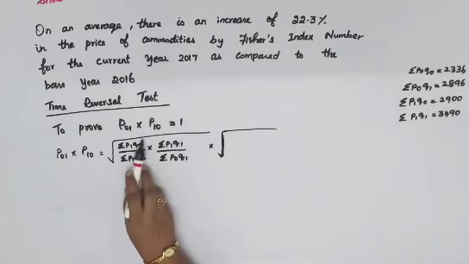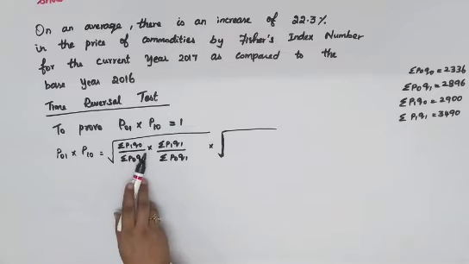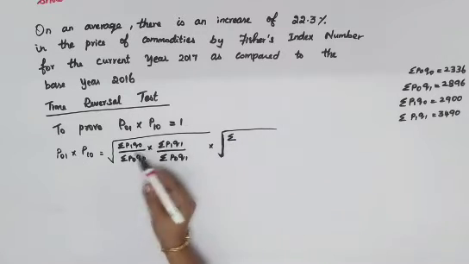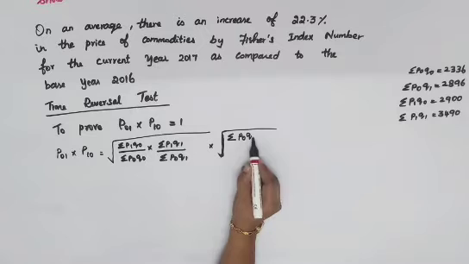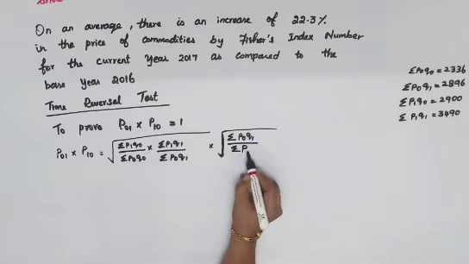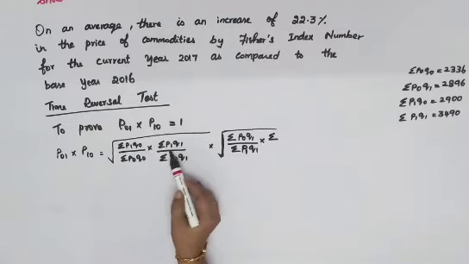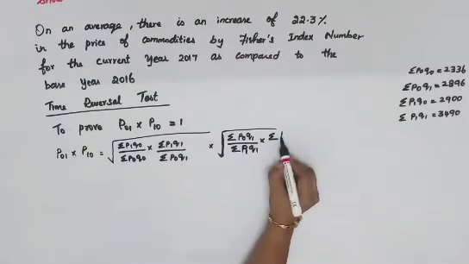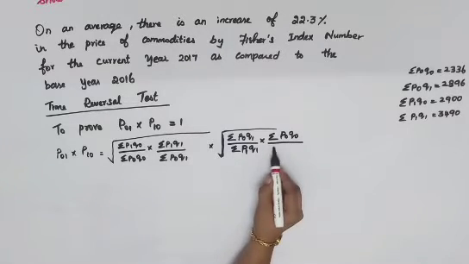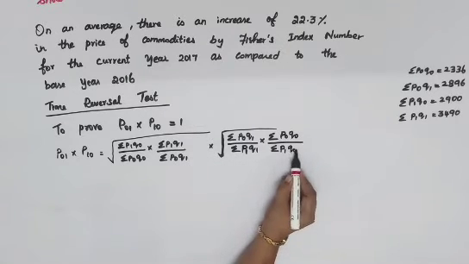The formula is P01 into P10, which is equal to root of sigma P1 Q0 divided by sigma P0 Q0 into sigma P1 Q1 divided by sigma P0 Q1. This is what we had in your Fisher's index number formula. Okay, the first part will be there as it is, into again root of, so the next one is, wherever 1 is there in this formula, you will have to convert it to 0. Okay, so 1 has to be replaced by 0 and 0 has to be replaced by 1. So you will get sigma P0 Q1 divided by sigma P1 Q1 into sigma P0 Q0 divided by sigma P1 Q0.